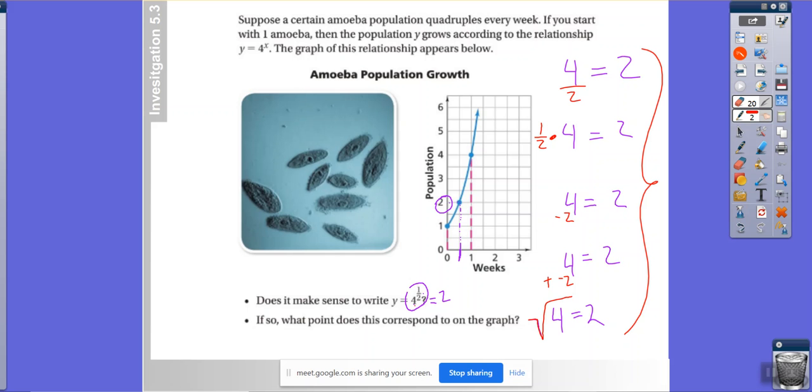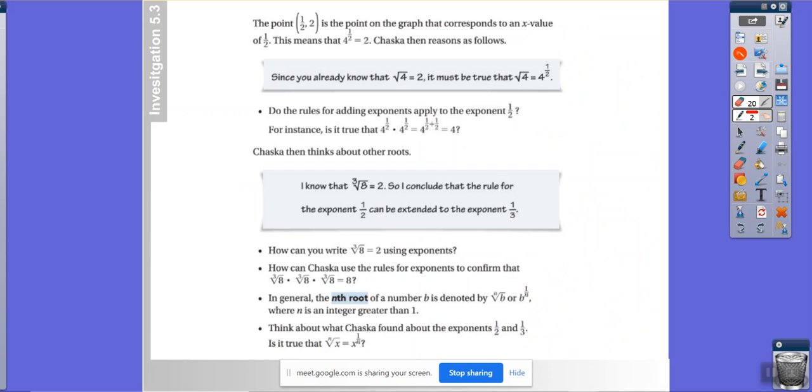This is definitely going to be talking about square roots. So 4 to the 1/2 power is the same thing as saying the square root of 4. So that's what's happening here. We're taking the square root of 4. And so here we go. Look, we have a whole bunch of text. Oh, look, square roots.